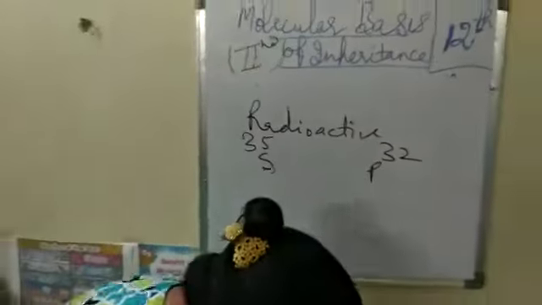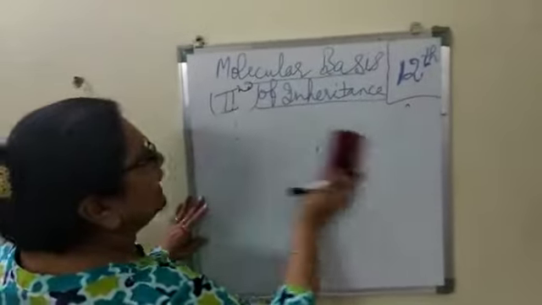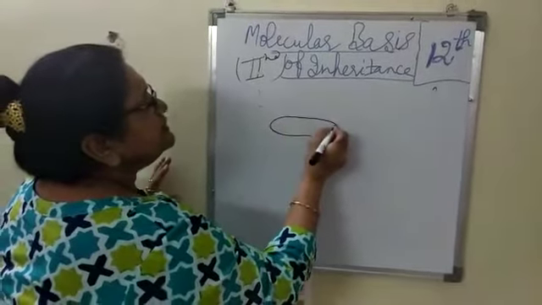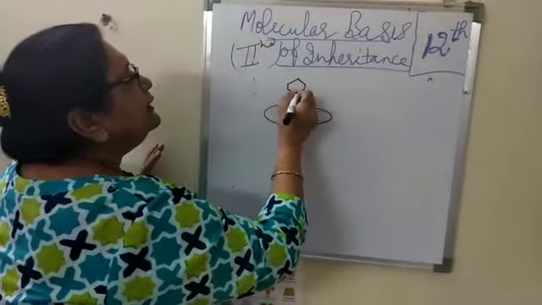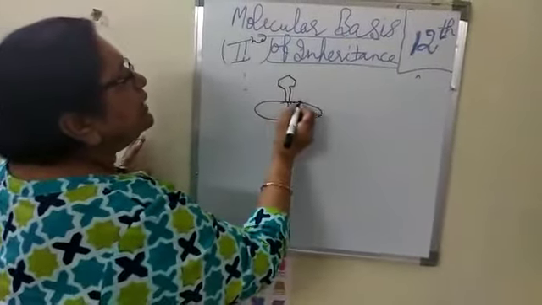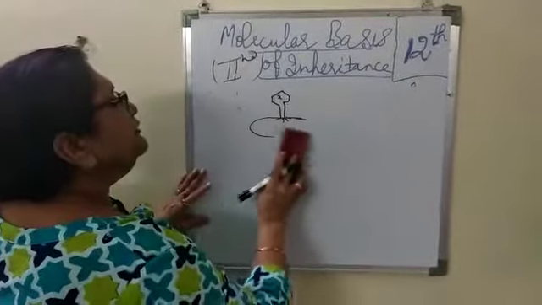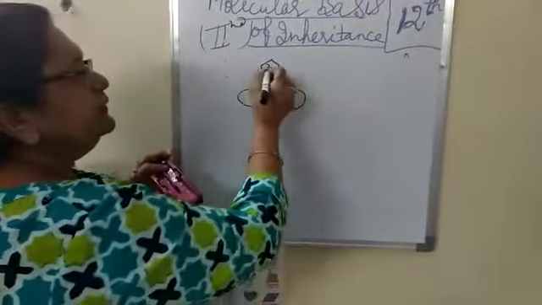So three parts. The culture was made, and after that, suppose this is a bacteria. This is the virus structure, as you know. In this case, the virus affects the bacteria.